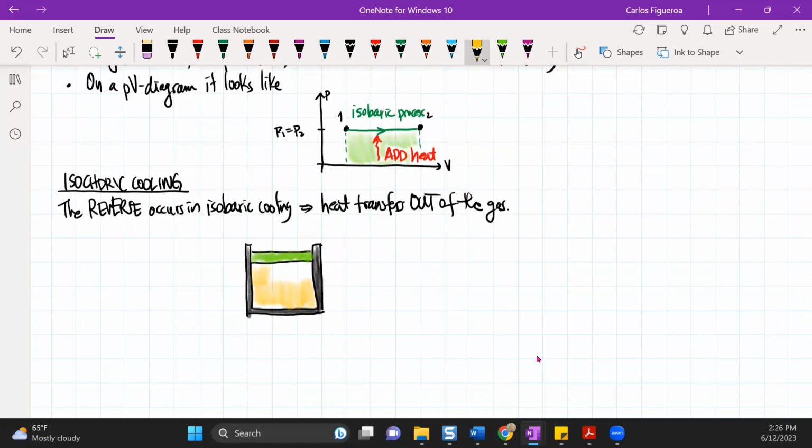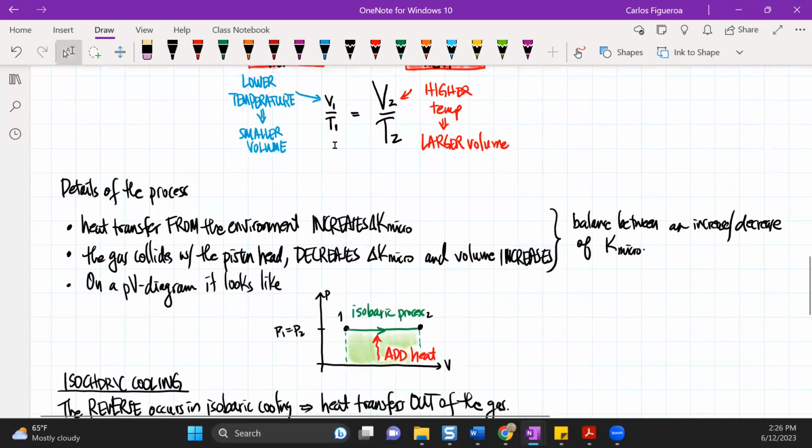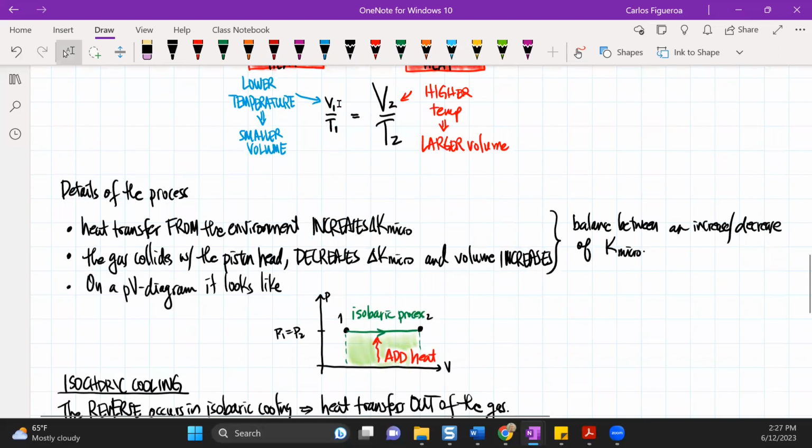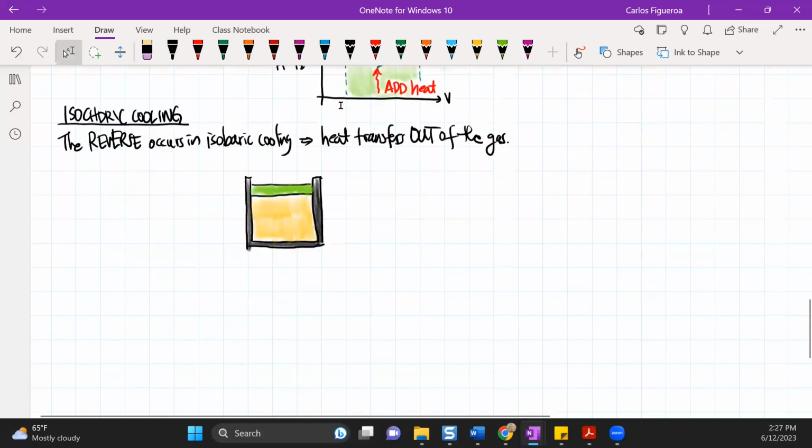And of course, I have my contained gas in the canister and then the piston head here. So what we're going to do here is very similar: the ratio of pressure to temperature must remain constant. So in this case, instead of heat, we're going to put this on ice so that it remains cold.